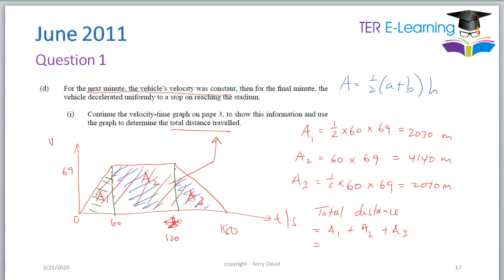And you're going to get 8280, which is what you all are getting. 8280 meters. So this represents my total distance travel, 8,280 meters.